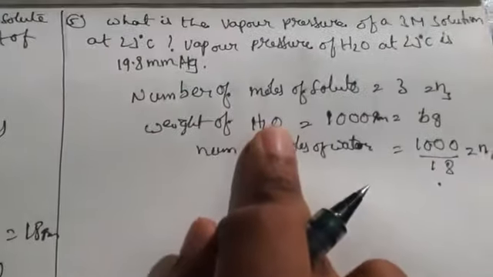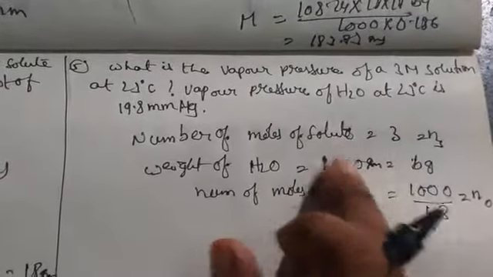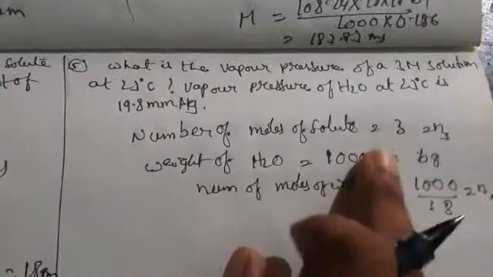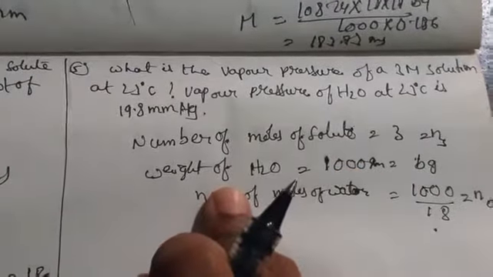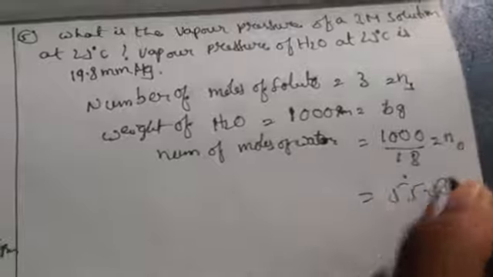So how have we got 1000 grams? Generally I am taking 1000 grams of solution, and in 1000 grams I am taking the weight of the water. So here, according to Raoult's law, what is the formula? By calculating this we get 55.55.